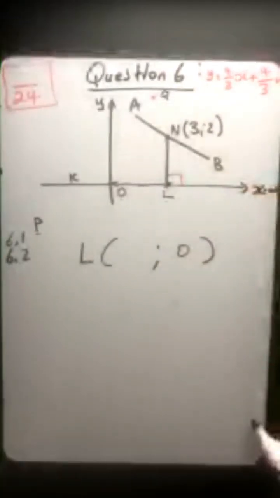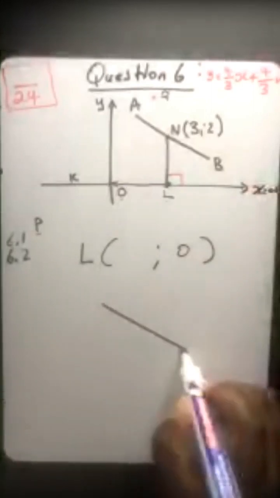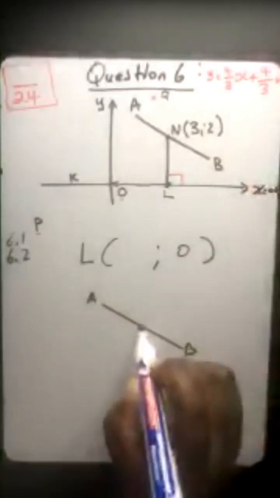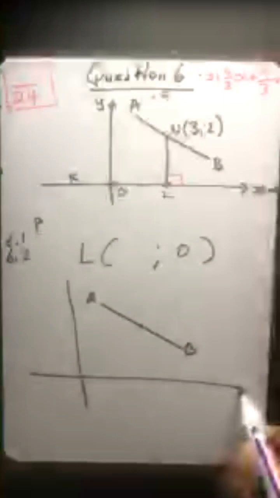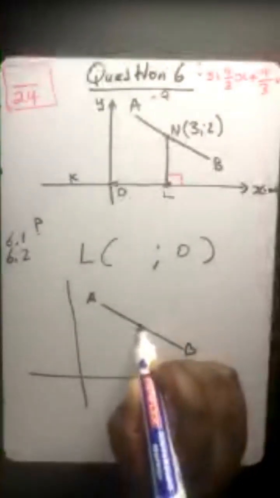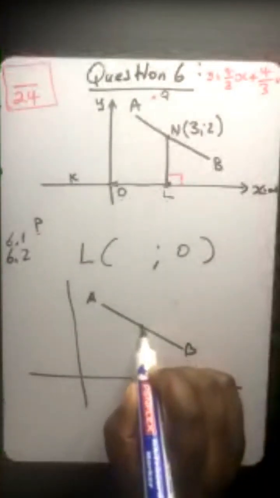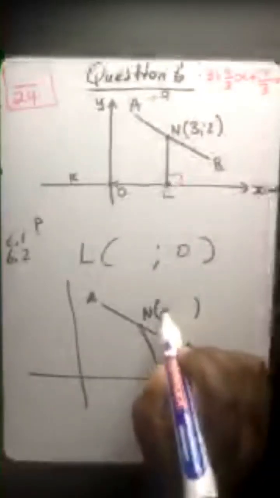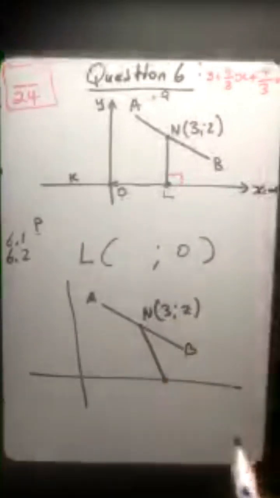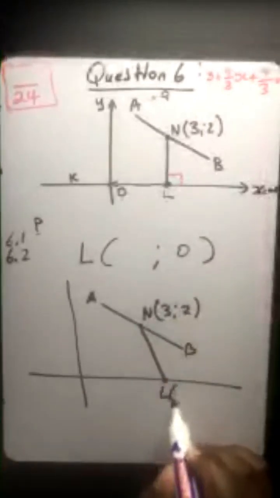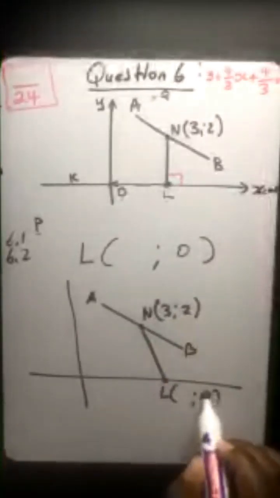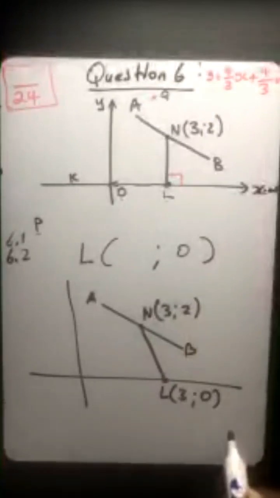Why am I interested in knowing whether this line is vertical? If this line were skewed, with the y and x-axis, and you are given the coordinates of N being 3 and 2, you cannot say point L is therefore 0 and 3.